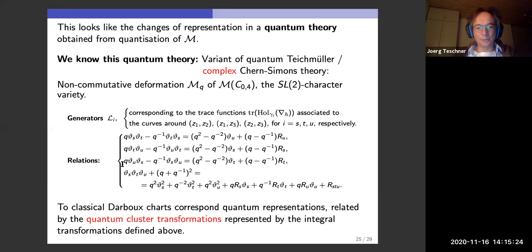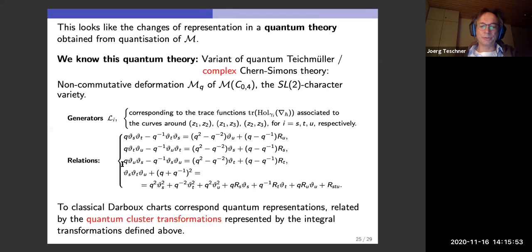In some sense, yes, although what is coming in addition is the deformation of the A and B periods into the Darboux coordinates of either Fock-Goncharov or Fenchel-Nielsen type. So they coincide with the A and B periods only to leading order in the h-bar expansion.